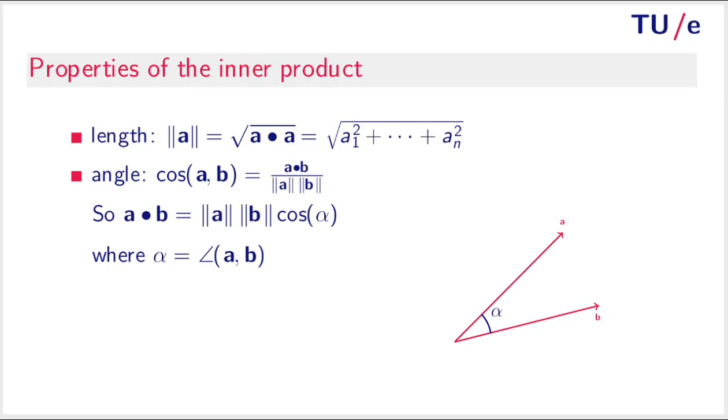Then cosine of alpha is equal to the dot product of A and B divided by the length of A times the length of B. In other words, the dot product between A and B, or the inner product between A and B, is equal to the length of A times the length of B times the cosine of the angle alpha.